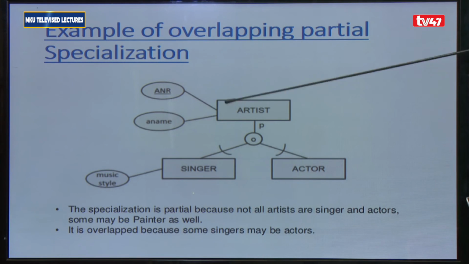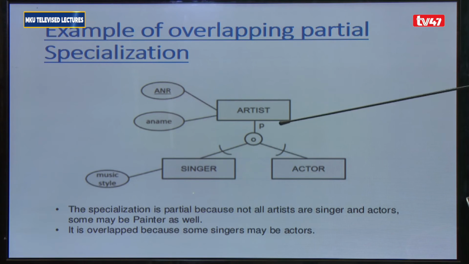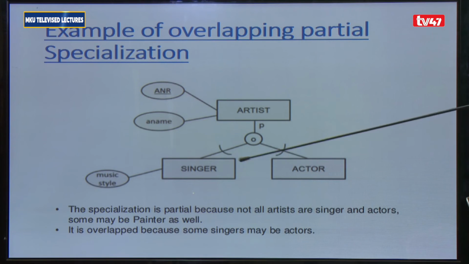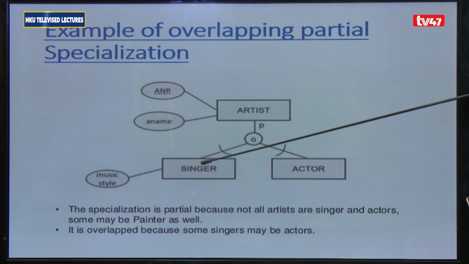Now, when we have the O, it means that a singer can also be an actor, because a singer could also have a talent in acting. So you would have a scenario where one individual participates in more than one of these subclasses.